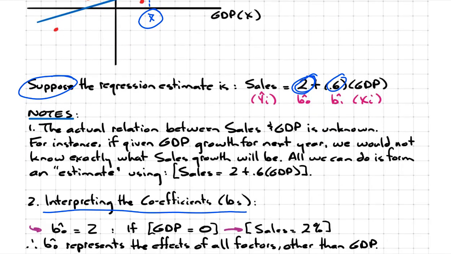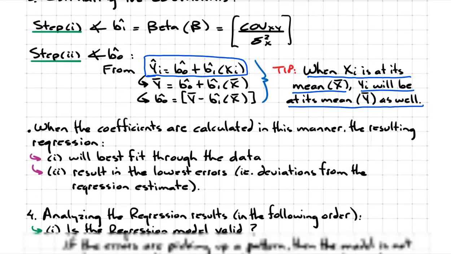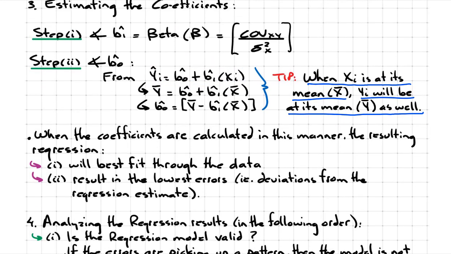So if that's the case, I'm just going to substitute that individual y with the mean of y. So basically I'm saying, well, what if y is at its mean? Then we automatically know that at that exact point, x is at its mean as well. And so we rearrange the framework over there. But you're trying to solve for B0, okay?